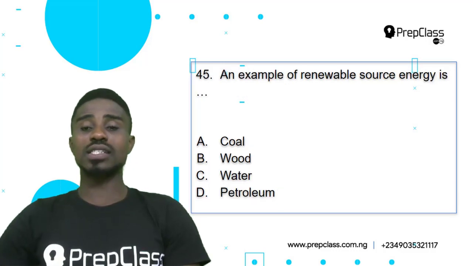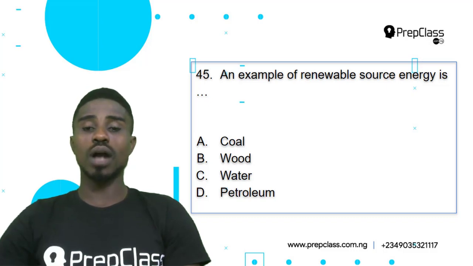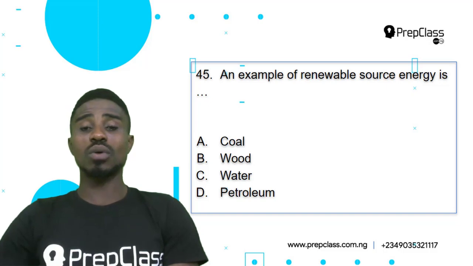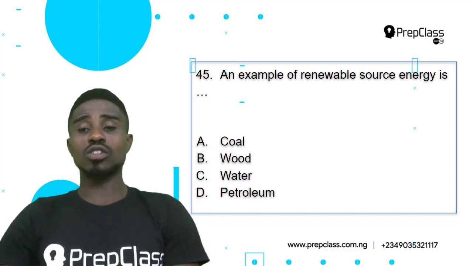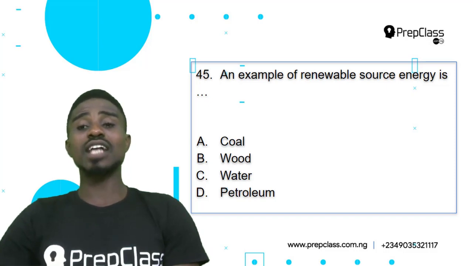Question 45, an example of renewable source energy is A, coal, B, wood, C, water, D, petroleum. For us to carefully select the correct answer, we need to have an understanding of the question. Then we'll analyze the options and see which one best answers our question. Now, talking about renewable source of energy, it's a source of energy that is inexhaustible.